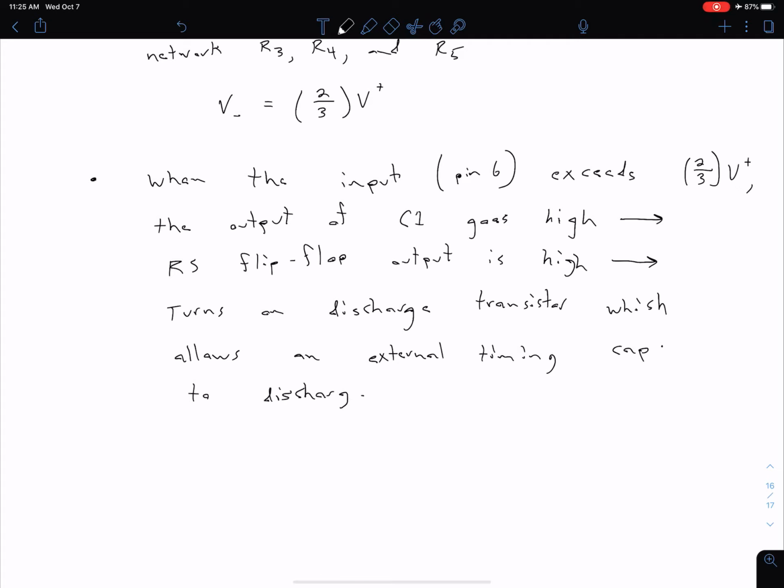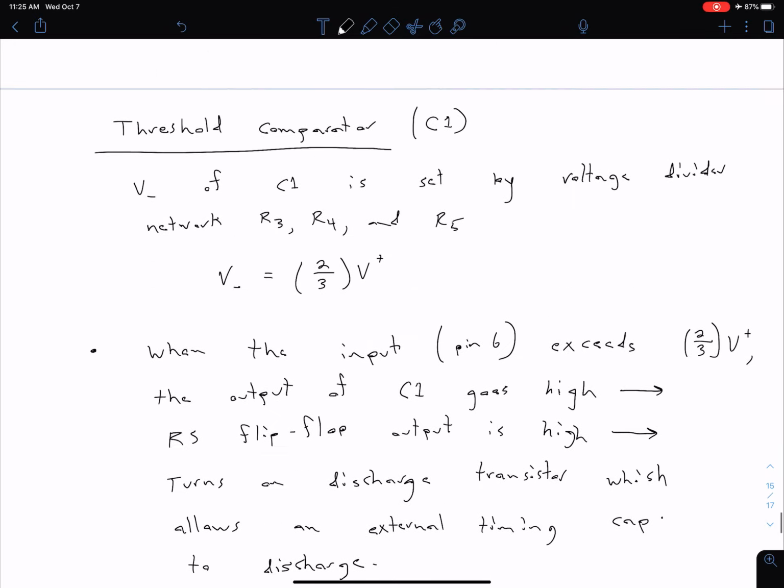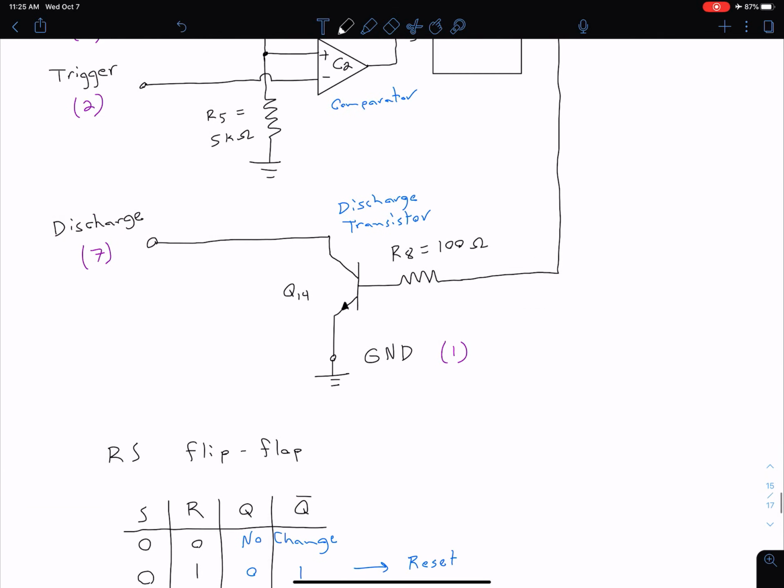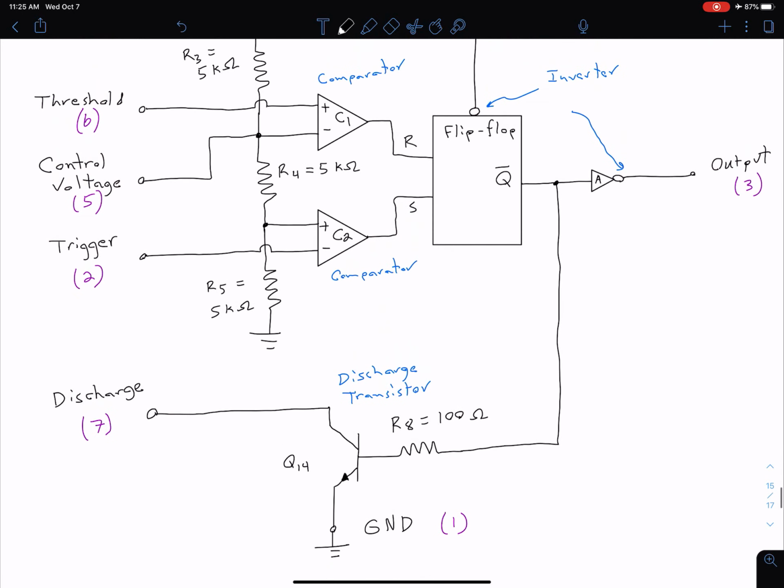Again, we'll come back to specific configurations later, but this external capacitor is going to be connected to pin 7, and when that transistor is off, it doesn't have anywhere to discharge. We're essentially treating this Q14 like a switch, so as soon as that's on, then this capacitor has a path to ground in order to discharge. Okay, so basically we've seen our condition for the threshold, our input over here, that needs to happen in order to turn that discharge on.